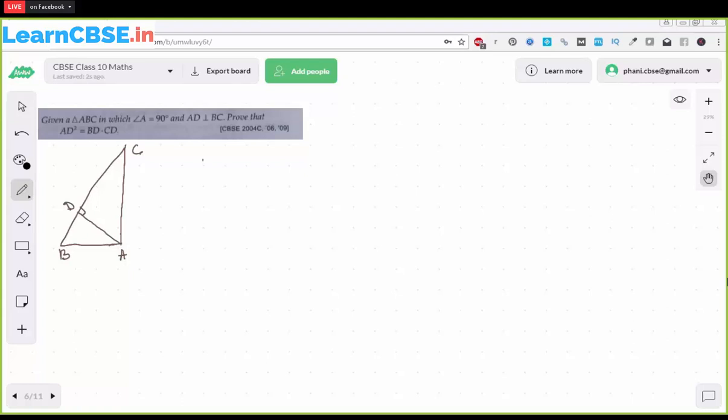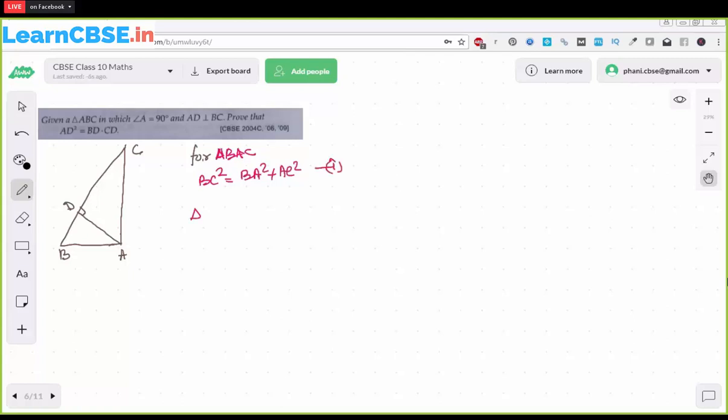So first of all, for the right angle triangle BAC, we can write BC square equals BA square plus AC square. That's the first thing we can write.